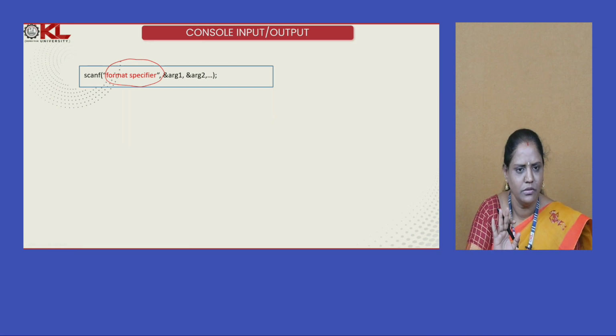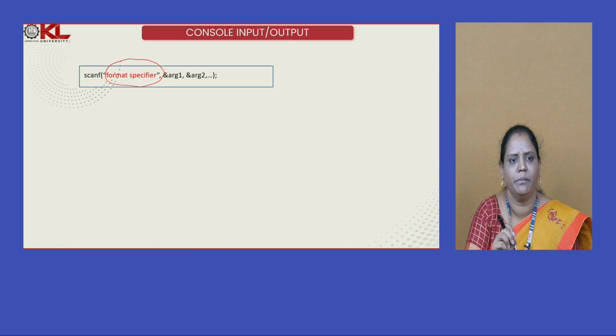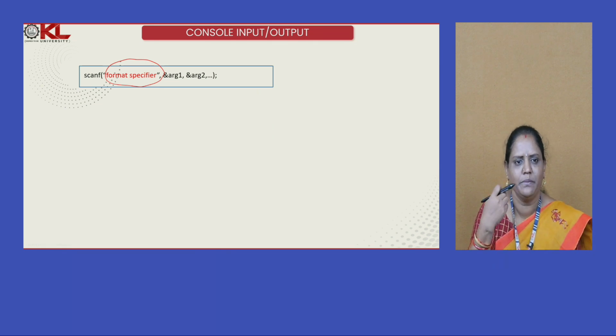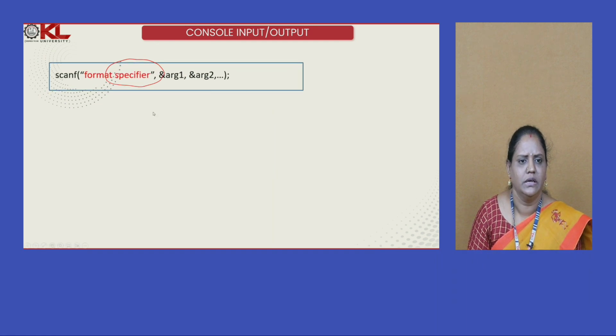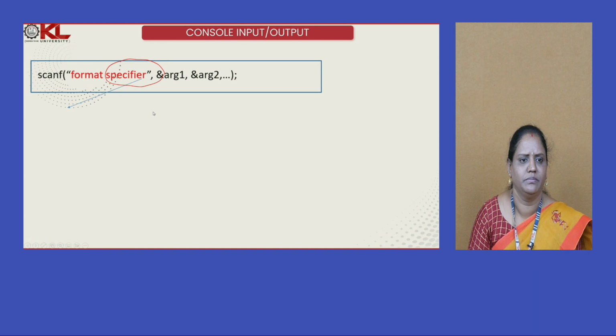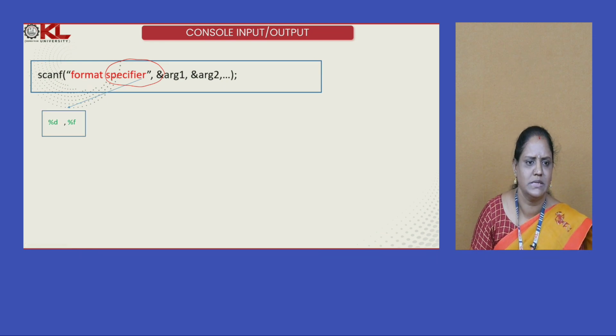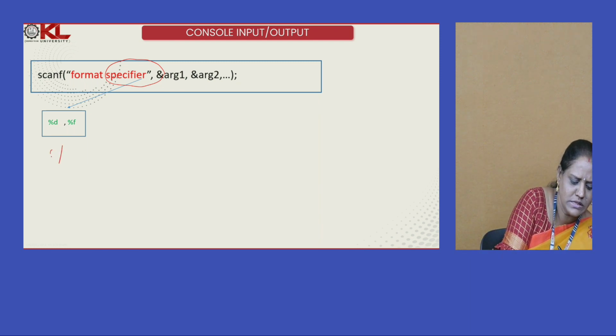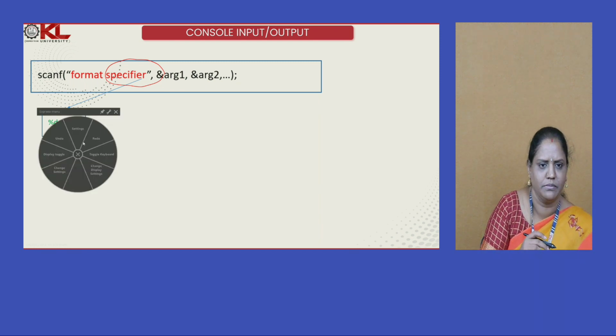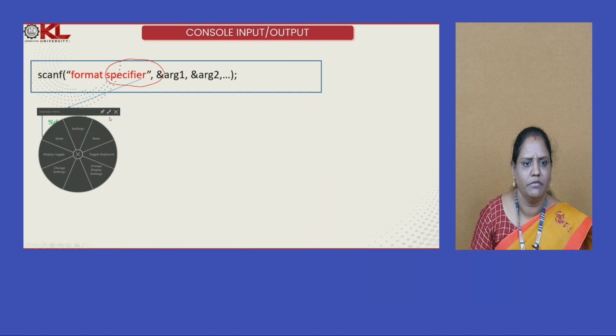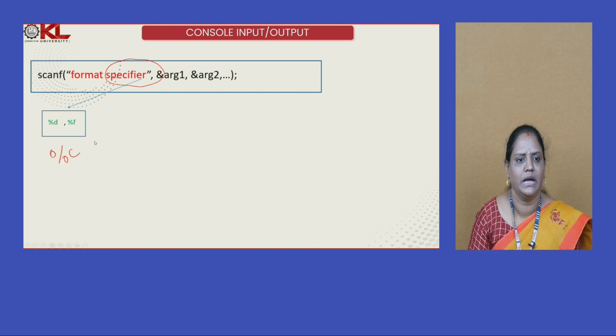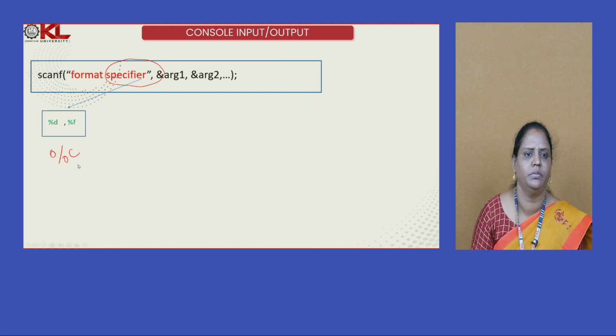Using this format specifier, we give an instruction to our computer to get this type of value from the keyboard. For example, if the value is an integer, we use the %d symbol. If a value is a float, we use %f, and if a value is a character, we use %c. So the format specifier represents what type of value you want to get from the keyboard.